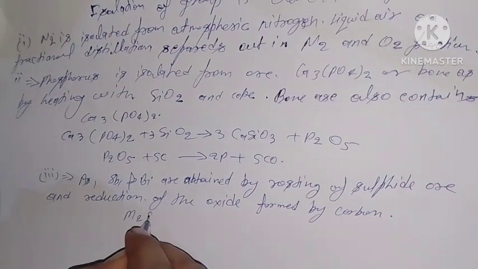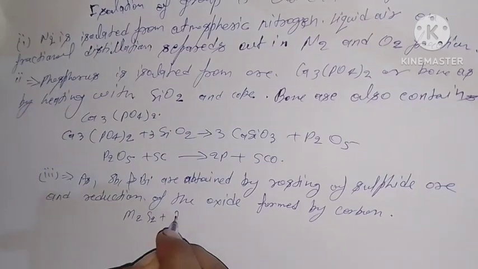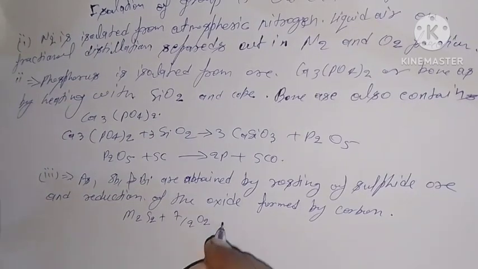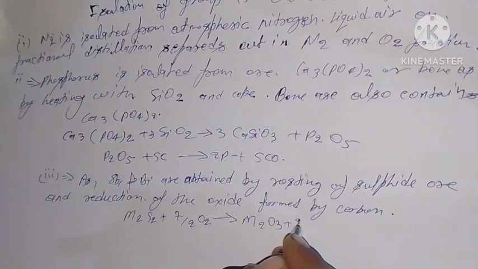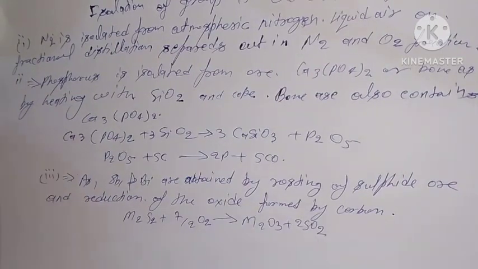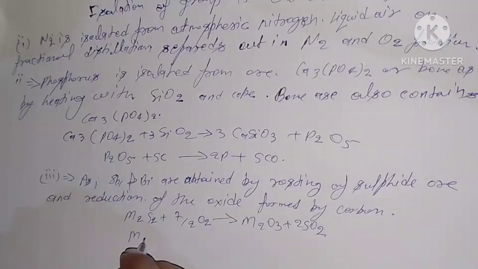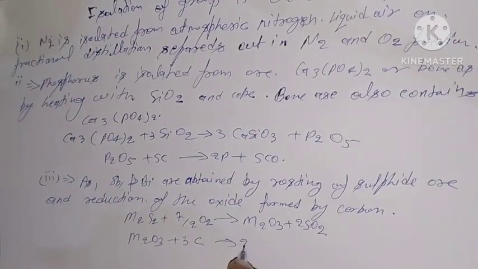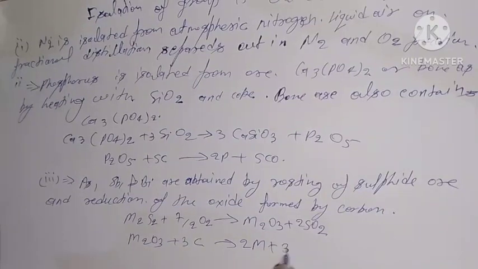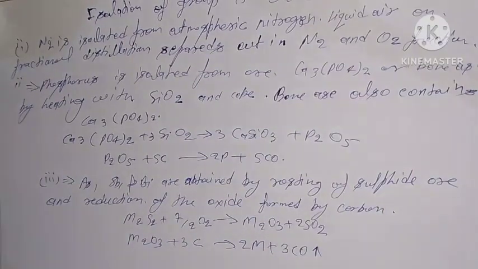Okay. M2S3 plus 7/2 O2 gives M2O3 plus 2SO2, and M2O3 plus 3C gives 2M plus 3CO, carbon monoxide.